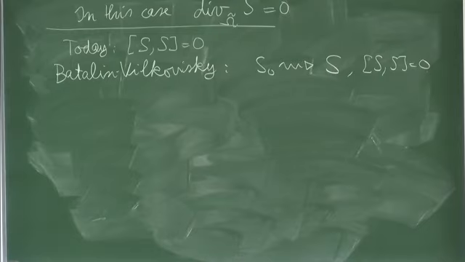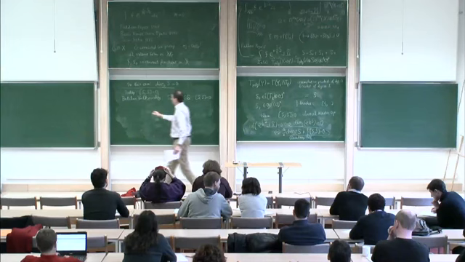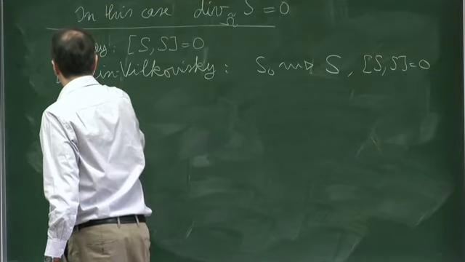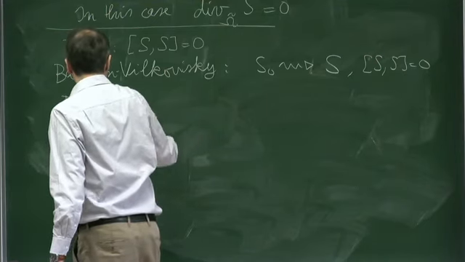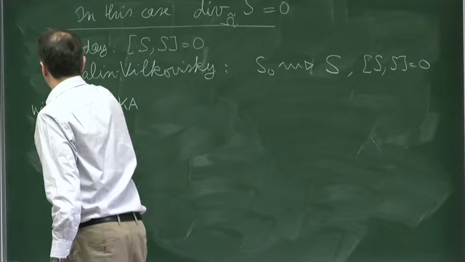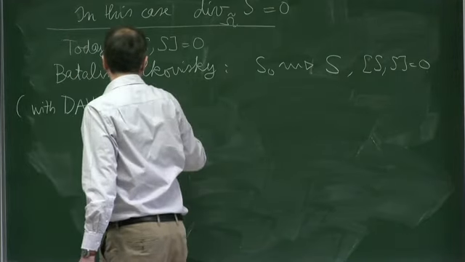So you start from S0, you apply this construction, you get S, and it will be independent of the choices you made to do this construction. This is the goal. This is joint work with David Kazhdan.